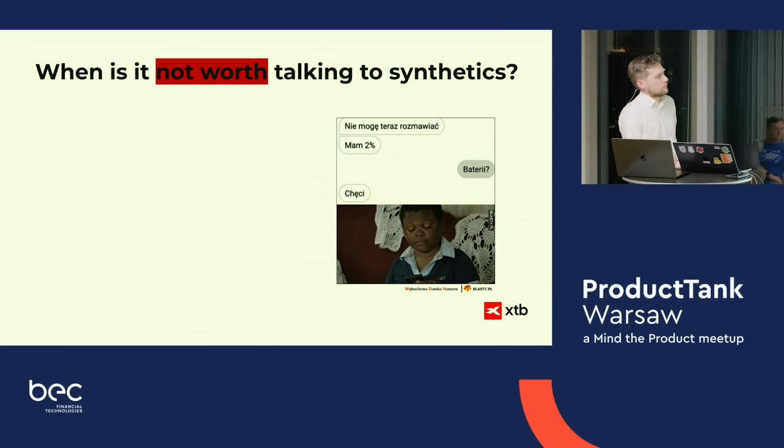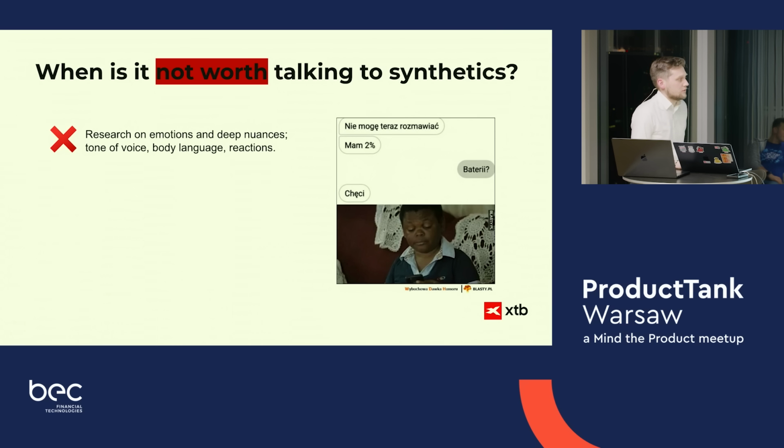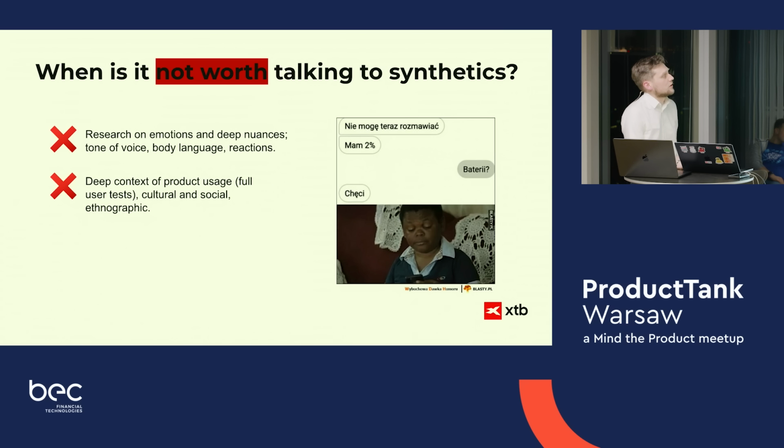When is it not worth talking to synthetics? Definitely when your product is about research on emotions or deep nuances, some kind of tone of voice, body language, reactions to your product, it's obviously not a good option.